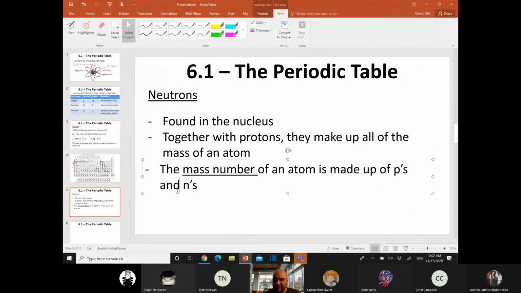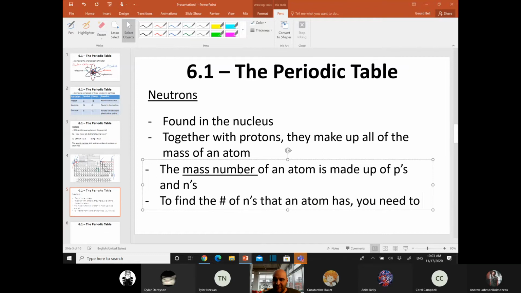So let's say this here. Let's say one other thing. To find the number of N's that an atom has, we need to subtract the atomic number from the mass number.